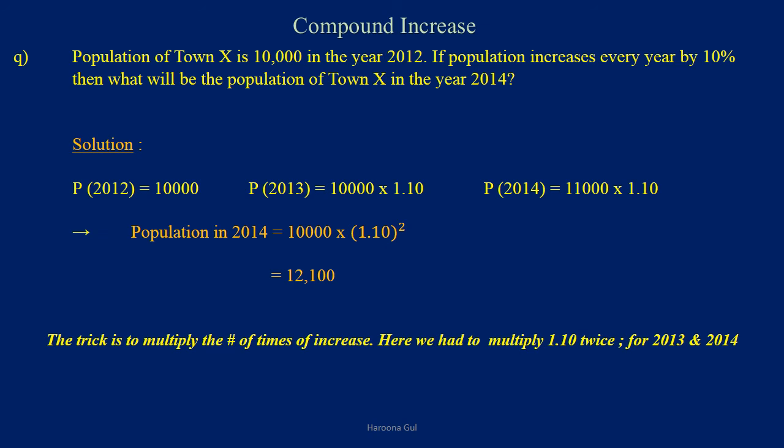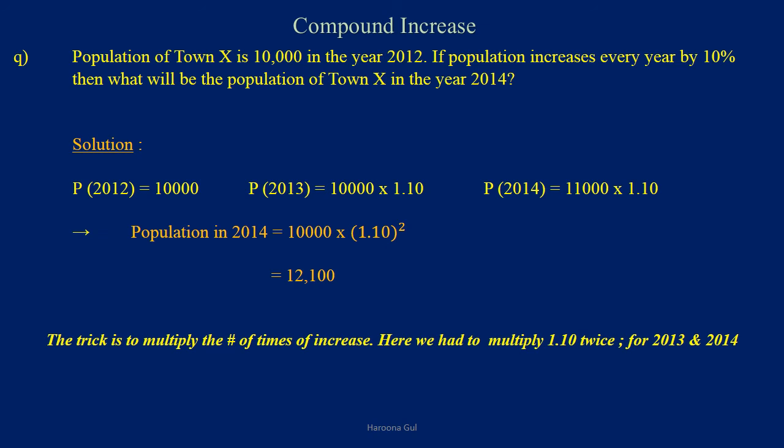Now you see, if it was, let's suppose, 20%, the question was the same, but if the percent increase was 20, right? So we had multiplied 10,000 with 1.20 the whole square in that case.